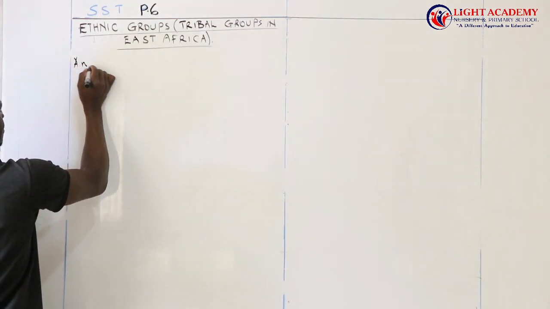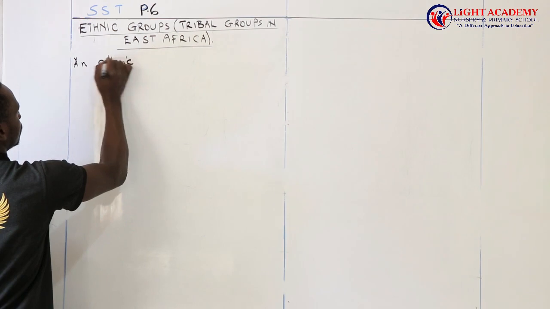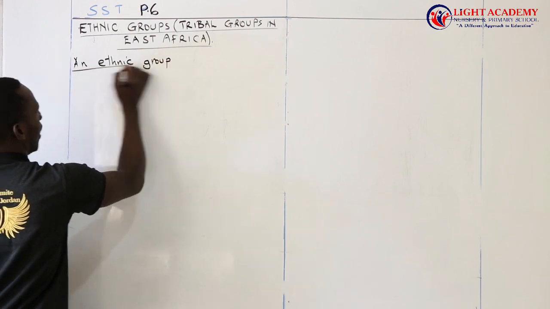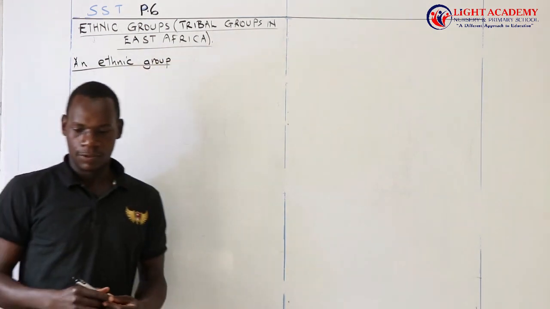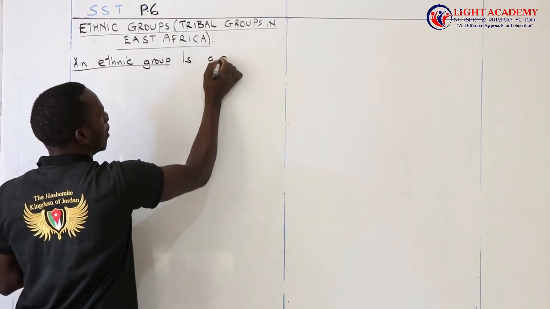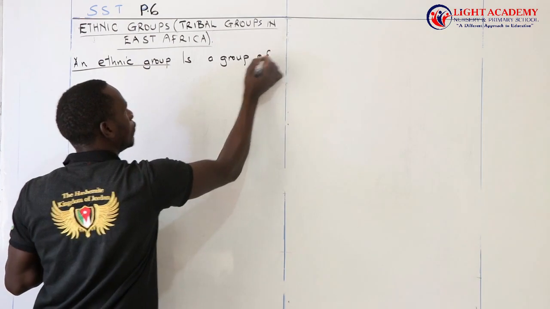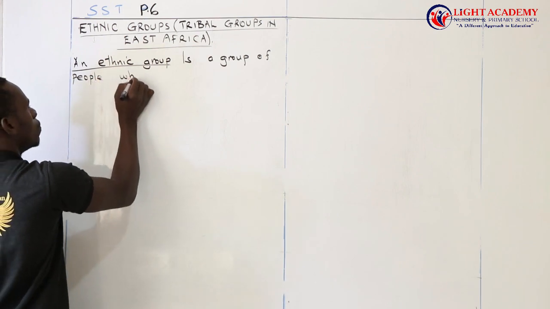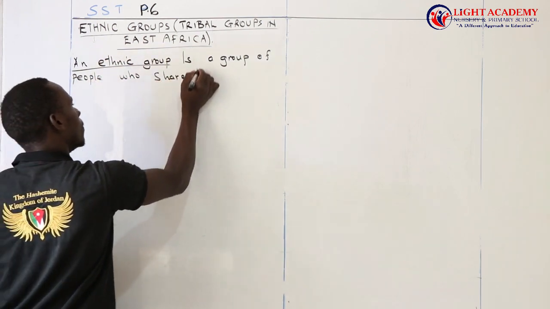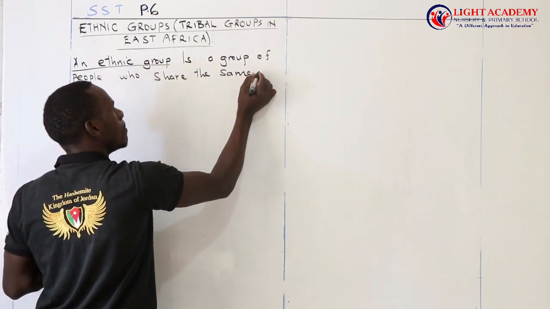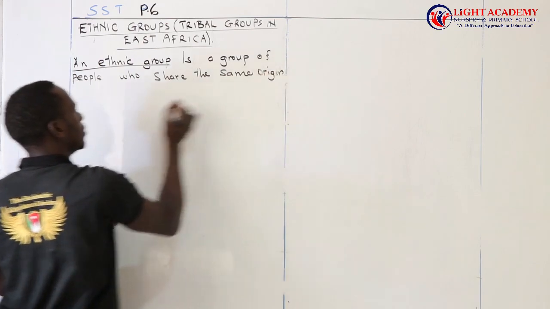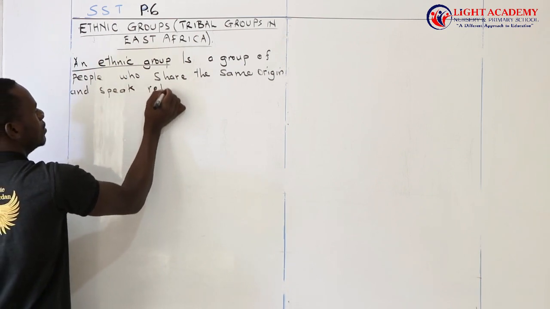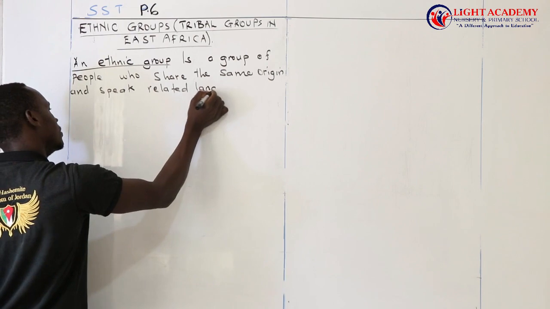What is an ethnic group? An ethnic group is a group of people who share the same origin and speak related languages.